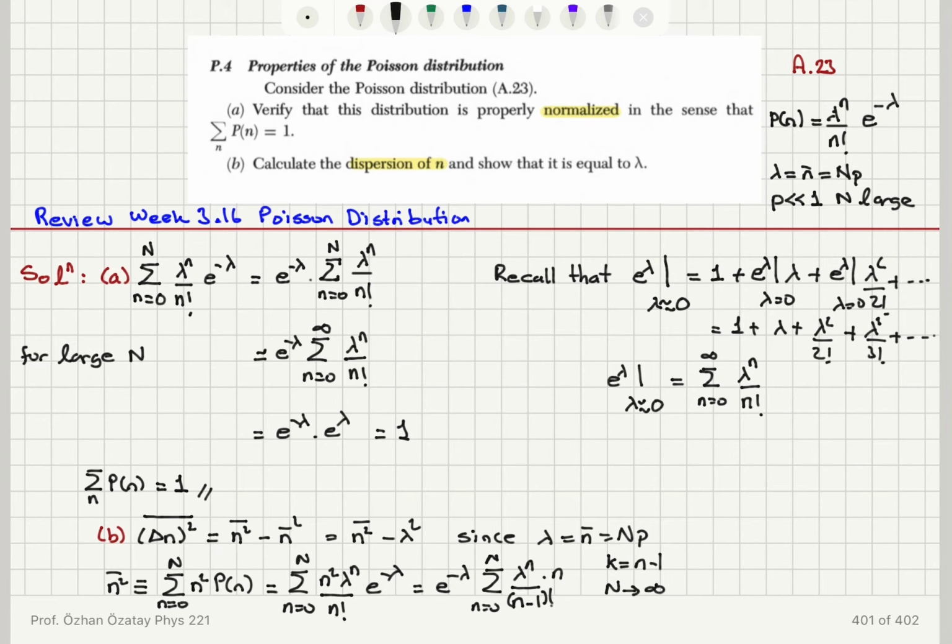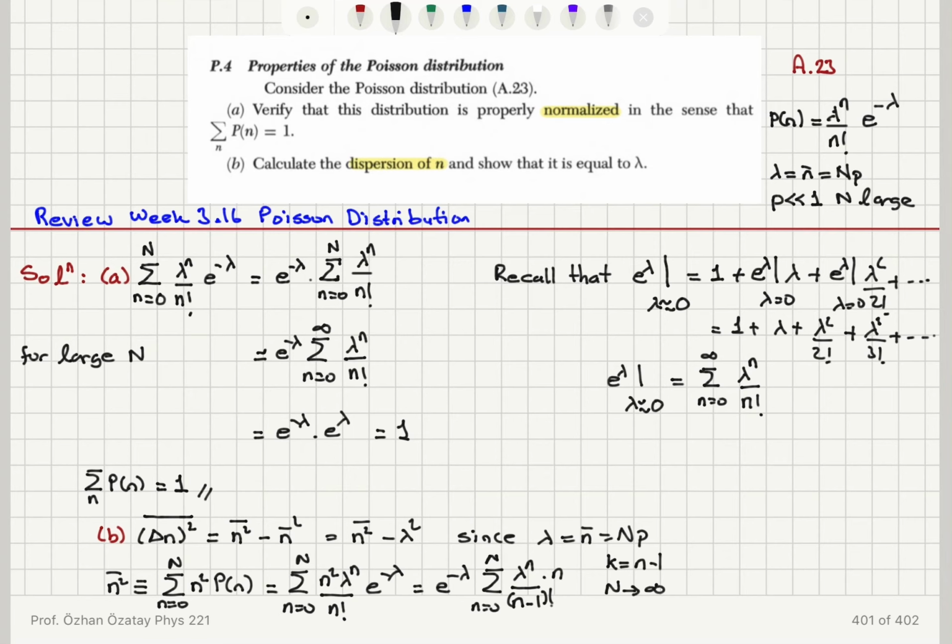The variance of n is n square bar minus n bar square. N bar was already lambda, so it is n square bar minus lambda square. So our task is to calculate n square bar, which is by definition the sum over all possible values of n squared times the corresponding probability.